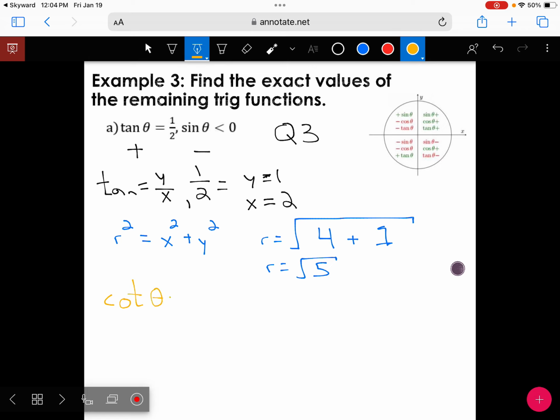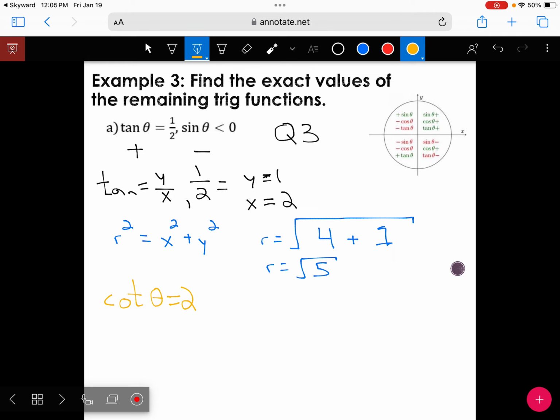Cotangent of theta is going to be 2/1, or just 2. Is anyone confused with how we made that jump? Or does it make sense? Yep. So cotangent of theta equals 2. So now we've already found one of the 5 remaining trig functions.